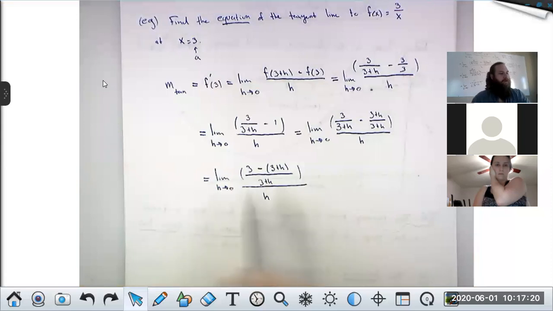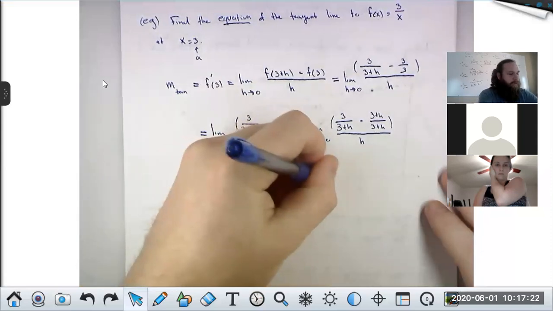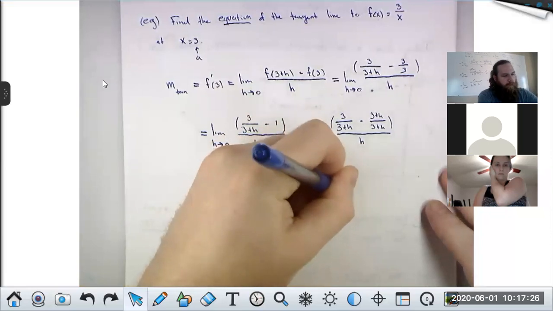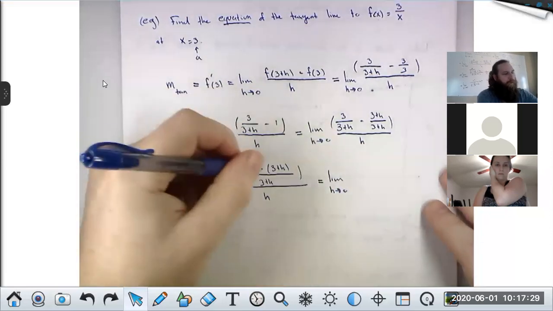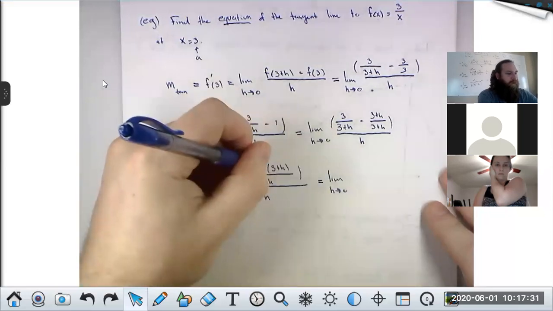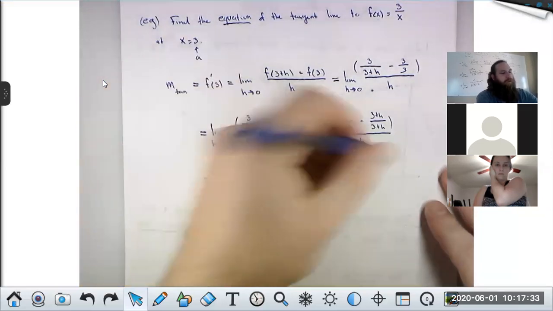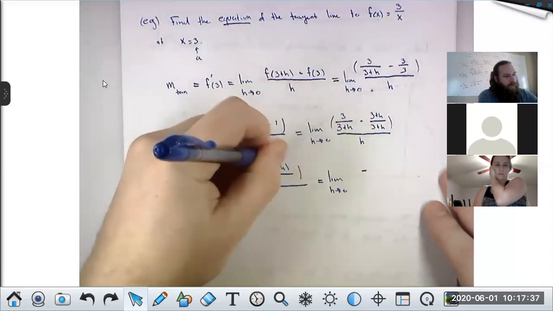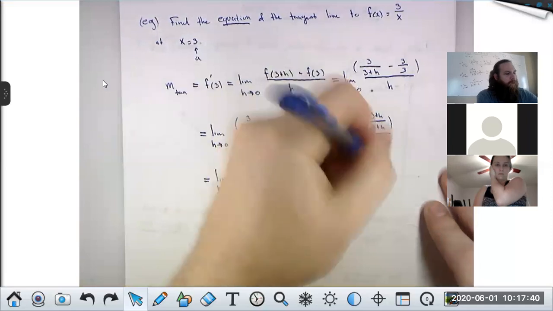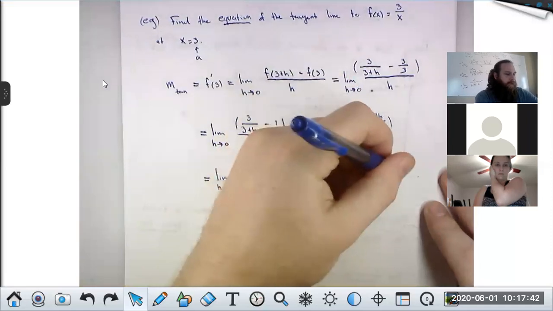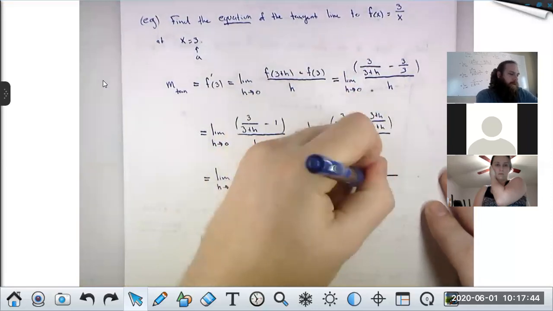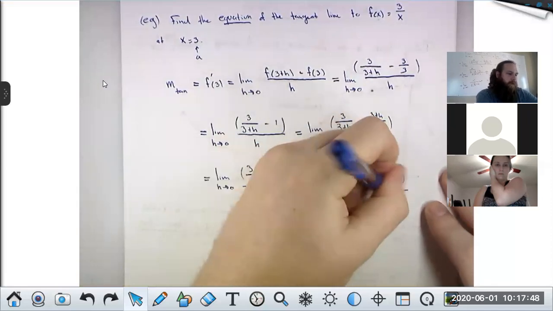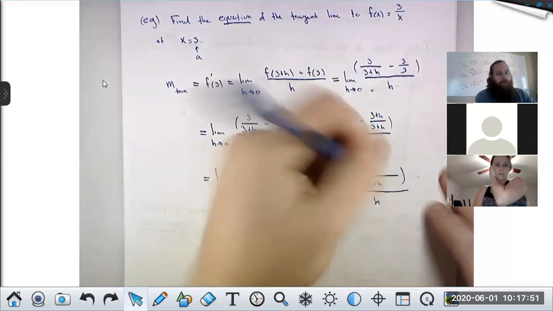And if you do this subtraction upstairs here, 3 minus 3 plus h is negative h, right? That's 3 minus 3 minus h. You have to distribute this negative. So the 3's go away, and the h which survives there is negative. And this is what we're left with.